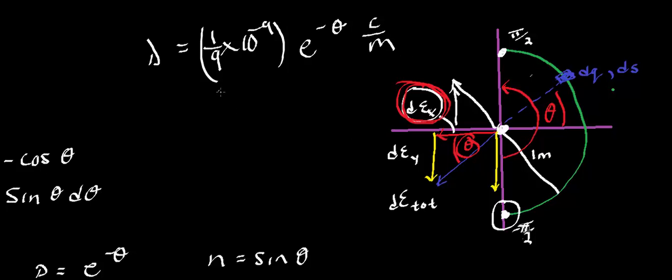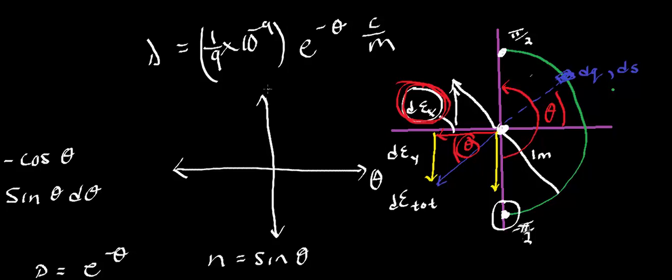If we look at the graph of e to the minus theta, with theta on the x-axis and the value of our exponential function on the y-axis, all the theta values are flipped, so it'll look something like that. By the way, this is where it crosses the y-axis at (0, 1).